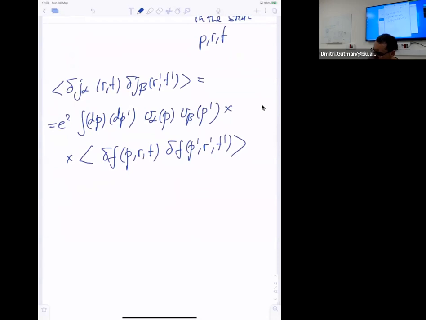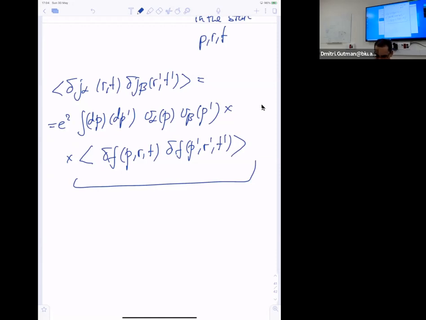So I need to compute this object and plug it in, to compute the correlation function of current noise.